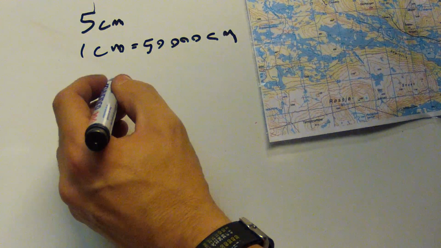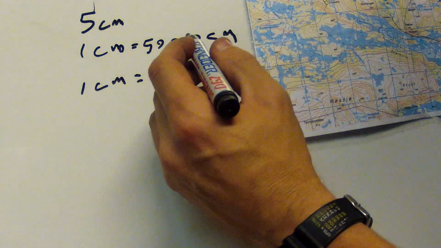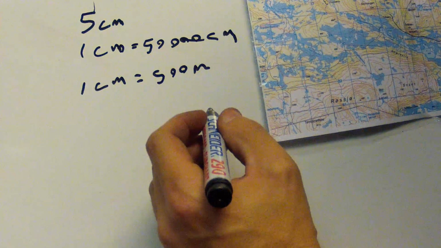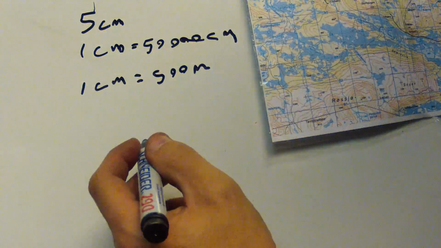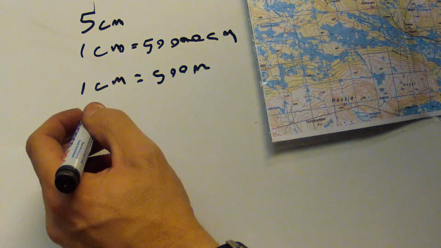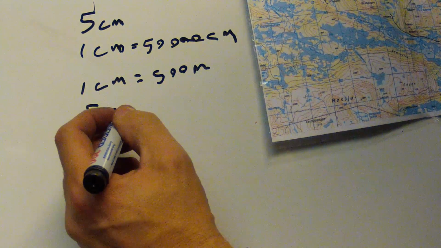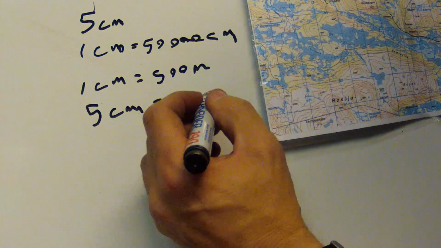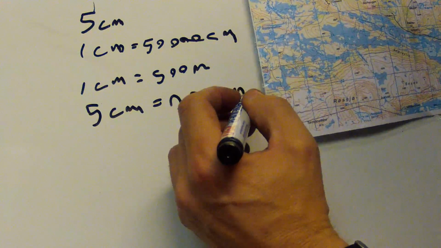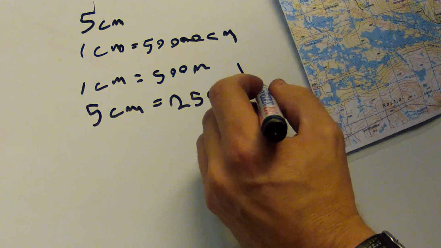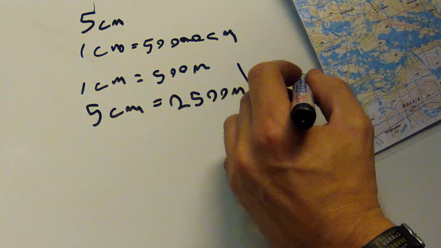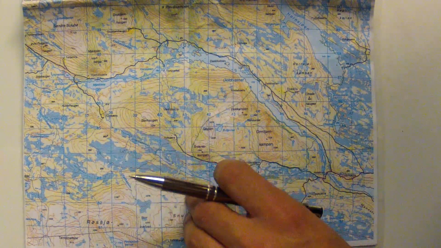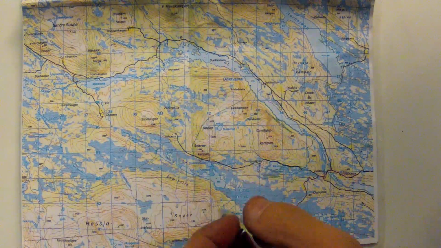So 1 centimeter will be 500 meters, and 5 centimeters will then be 2,500 meters, or 2.5 kilometers. That's the ratio of measurements on this map.